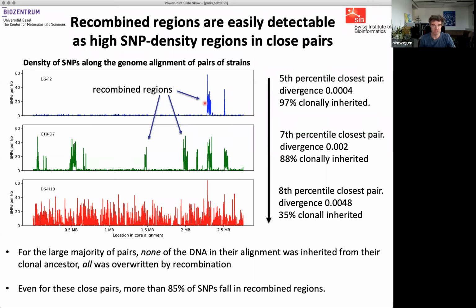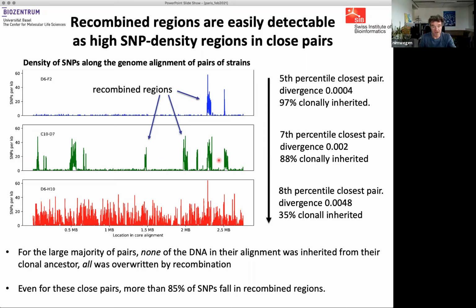Now, as you go to strains that have larger divergence, here I went to a divergence which is like 5-fold higher. This is the 7th percentile, so it's still a very close pair. You see that now the number of such regions has increased. As you start taking pairs that are further apart, you see more and more of these recombined regions.